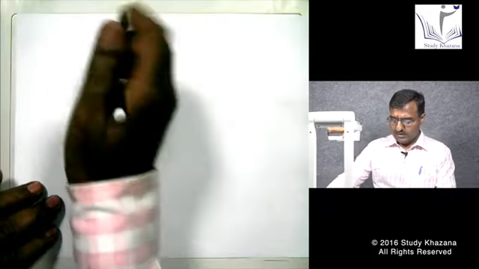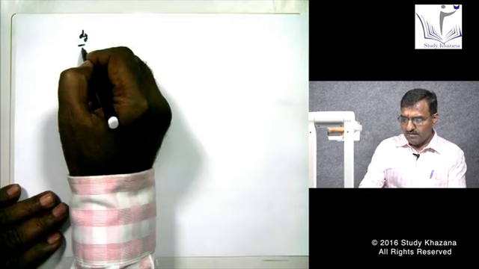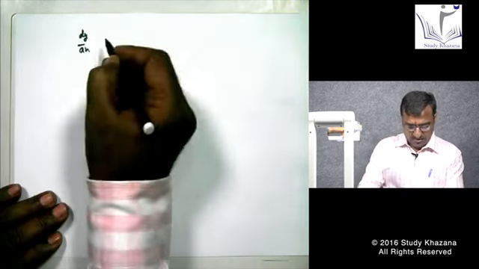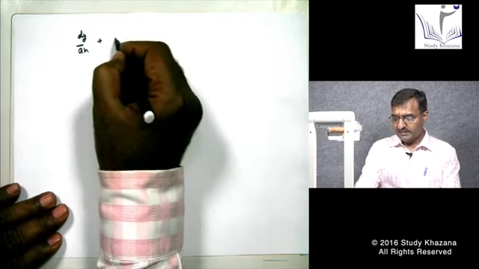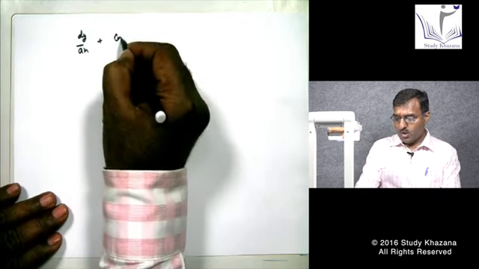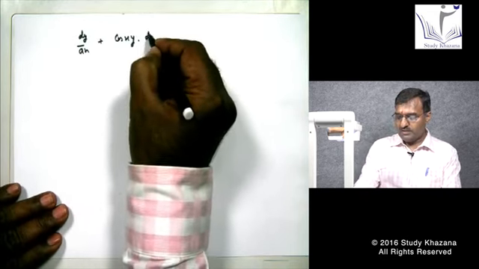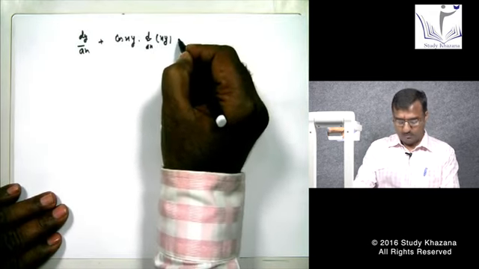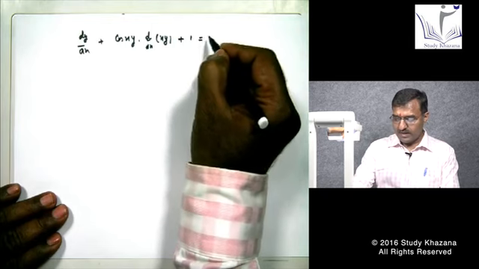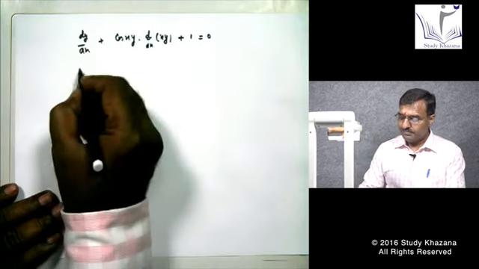Now you will see dy by dx. Now what is the derivative of sin xy? Here we will write cos xy into d by dx of xy, plus 1 equal to 0.